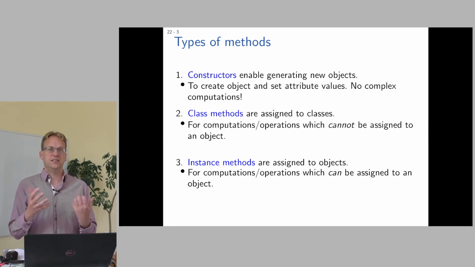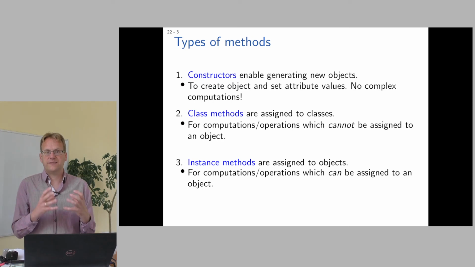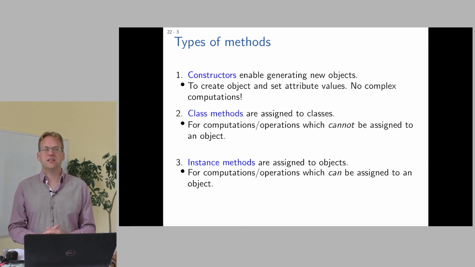Translating a point is of course something that has to do with this one point, so I would rather implement this as an instance method. And instance methods, I would say, by default, whenever you do something involving at least one object, you should consider whether you could implement this as an instance method.